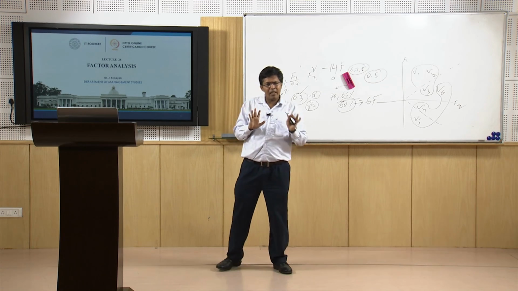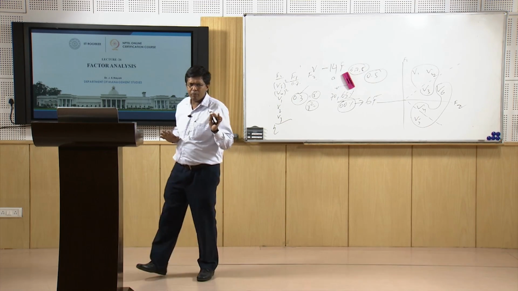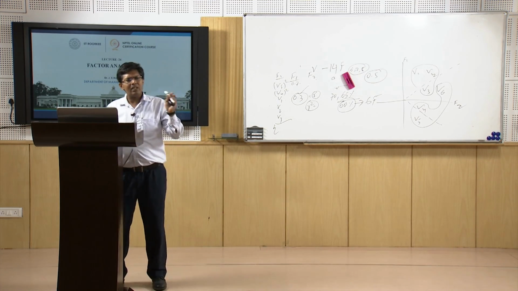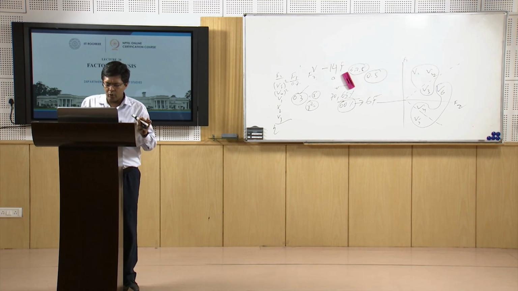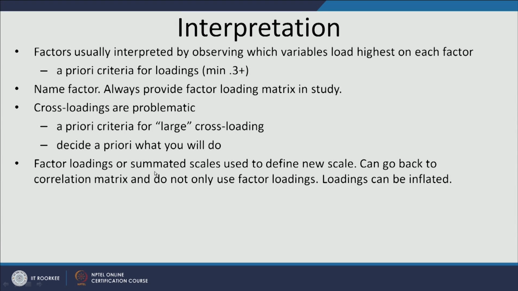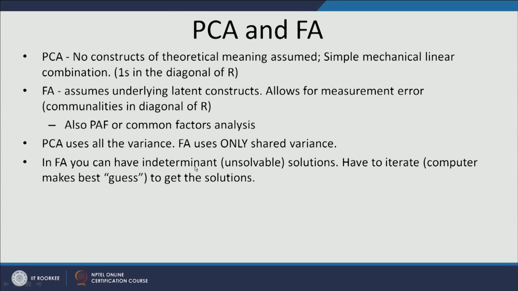That is completely a researcher's prerogative, or he could just delete those cross loadings by utilizing the different factor rotational methods. And finally, two things which are important are the factor analysis loadings of the summated scales, which I had explained in the last session also.